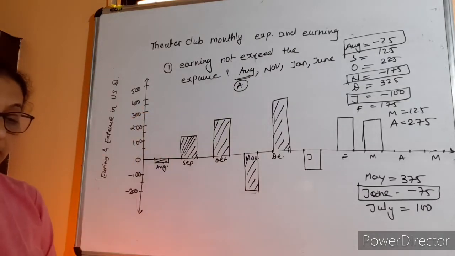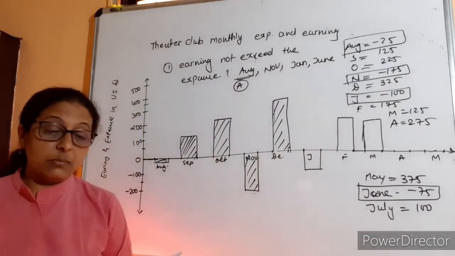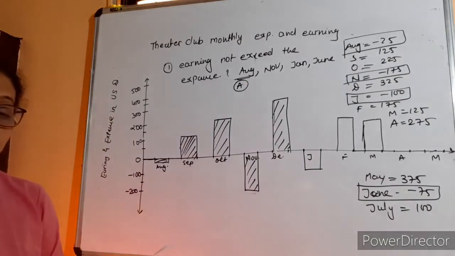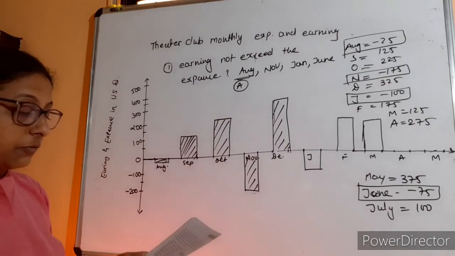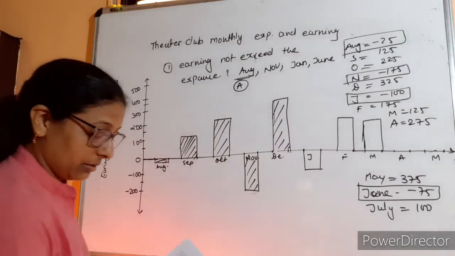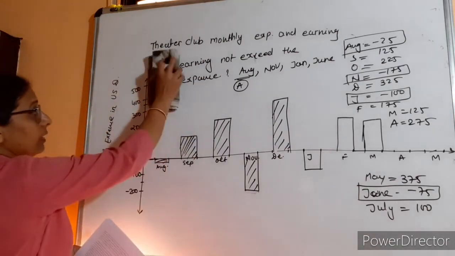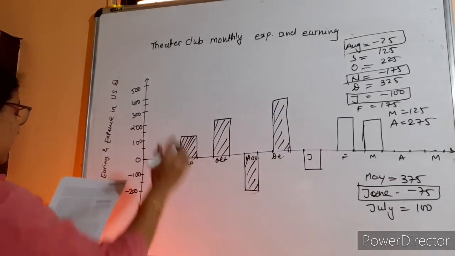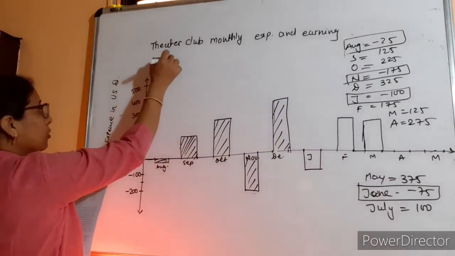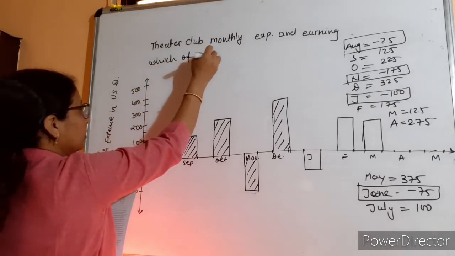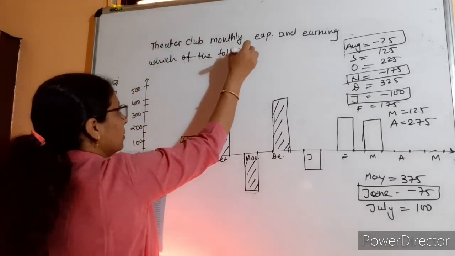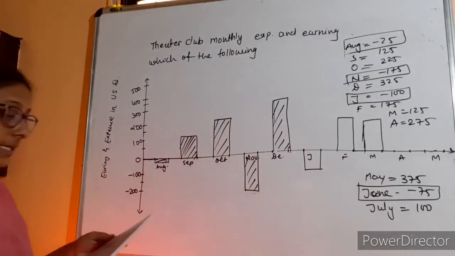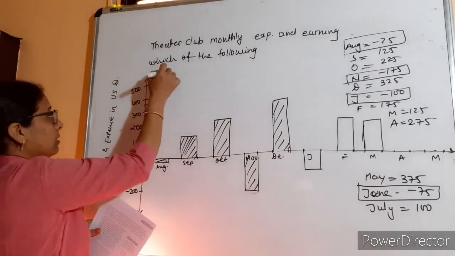Now the next question is, which of the following most closely approximates the net change in the theatre club's finance for the entire year? Here is the second question.